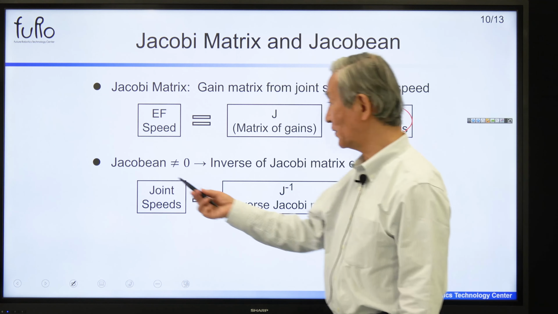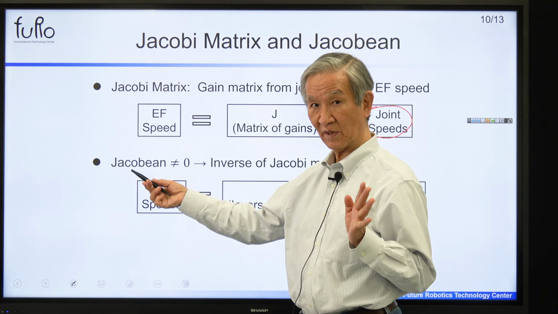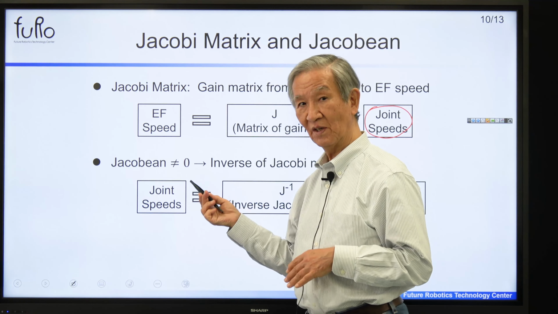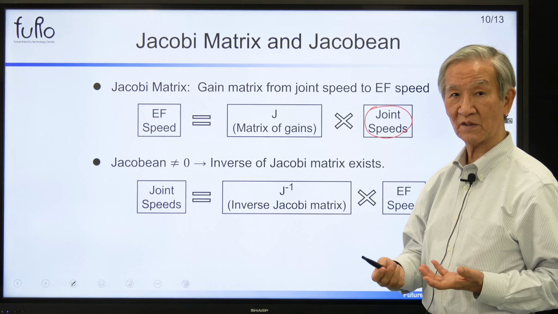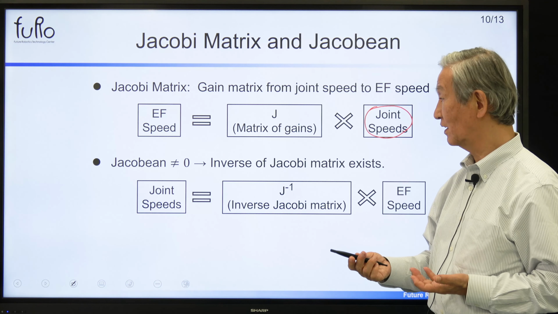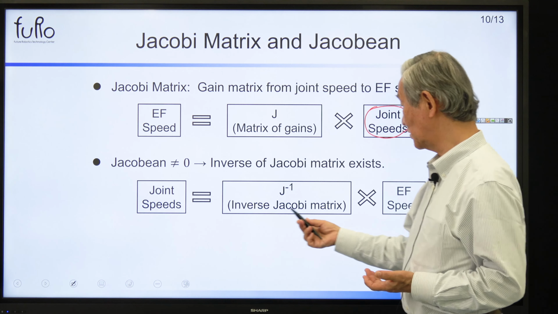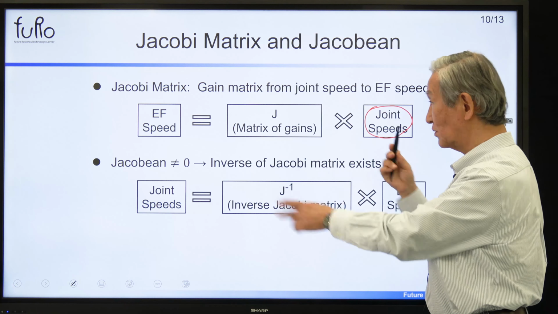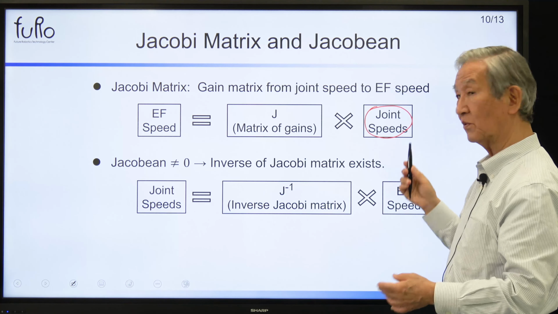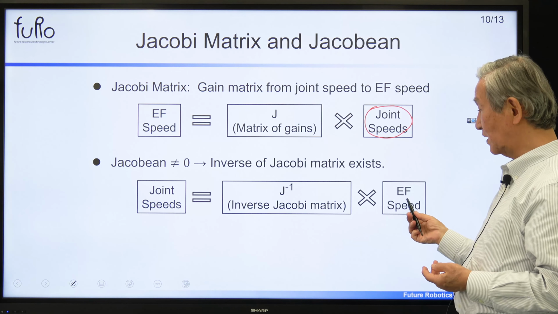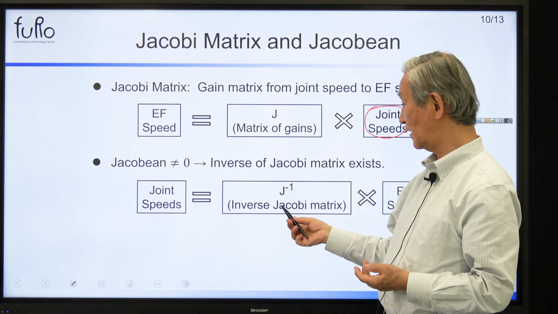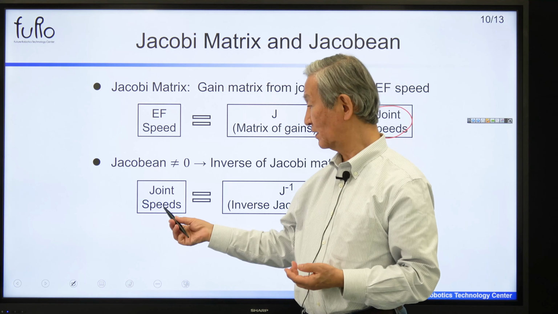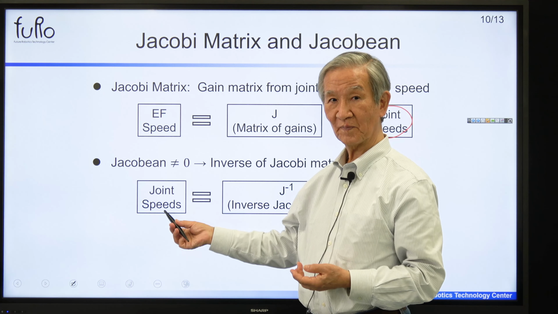And if the Jacobian, which is the determinant, is not equal to 0, then there exists the inverse matrix. We already know that. Okay? So this is J inverse, the inverse Jacobi matrix. Then the role of EF and joint reverses. Given EF speed, multiply the inverse Jacobi matrix, you get joint speed.